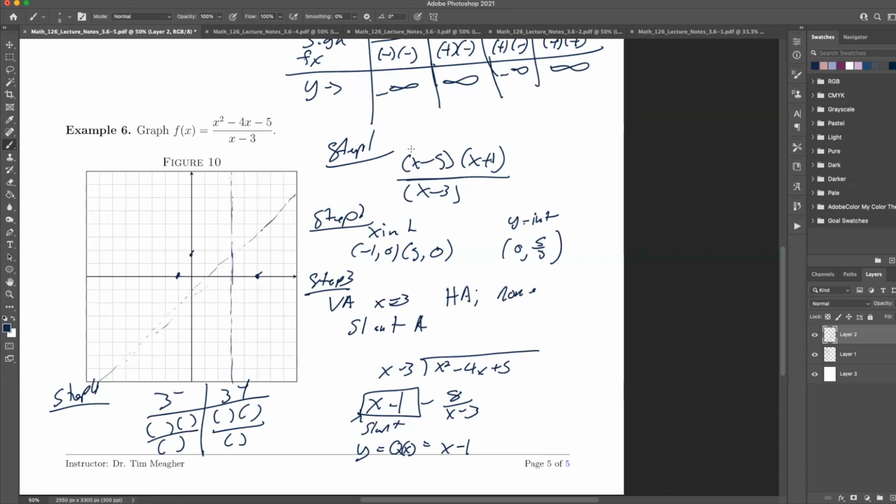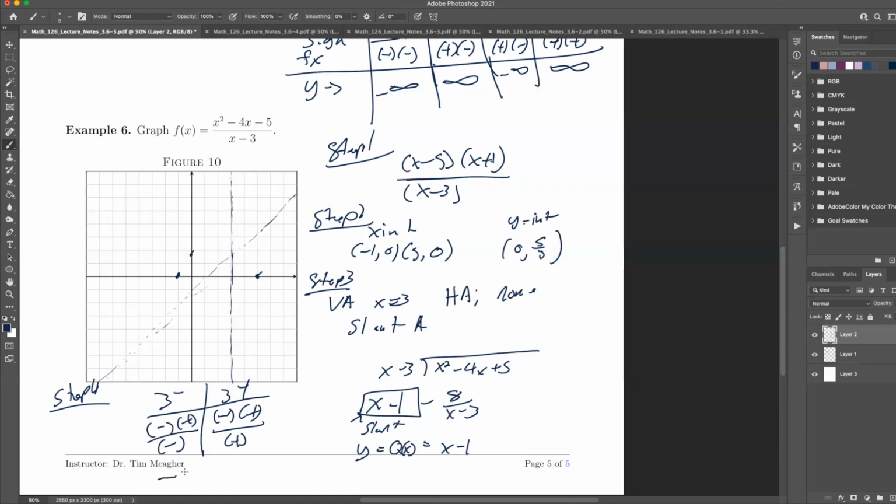So around 3, this will be negative for both of them. So this is negative, this is negative. Here, this will be positive for both. The only one that switches is the bottom. If I'm slightly less than 3, this will be negative. If I'm slightly more than 3, this will be positive.